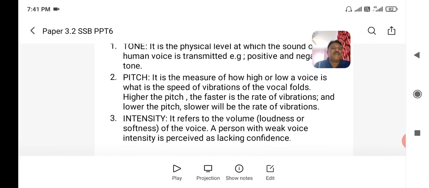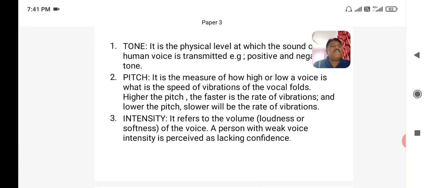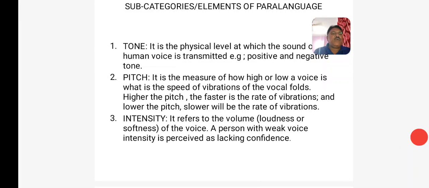Sometimes different types of personalities are there. See, there are some extrovert personalities, there are some introvert personalities, there are some dynamic personalities, there are some democratic personalities, there are some autocratic personalities. Different types of personalities are there in a working environment where the type of communication differs from each other.